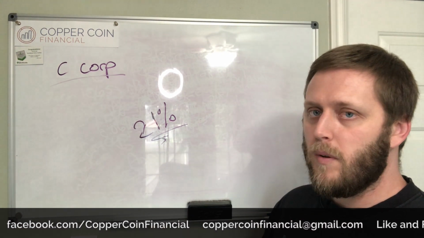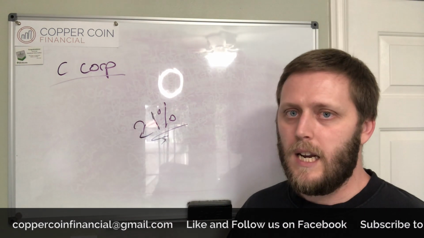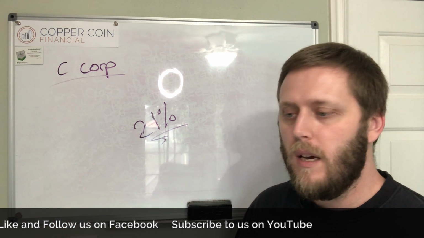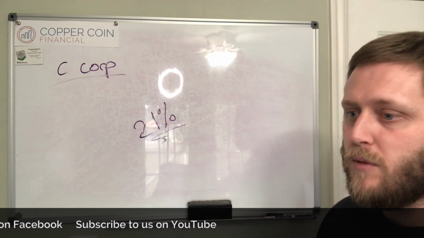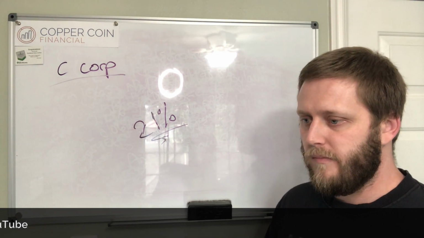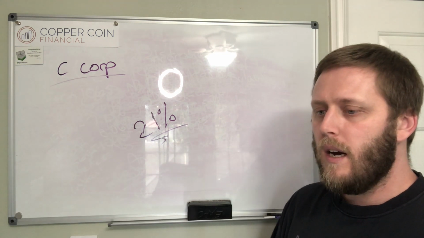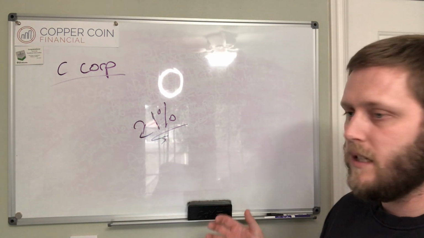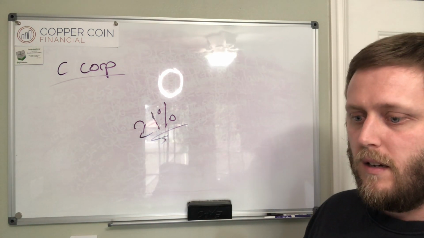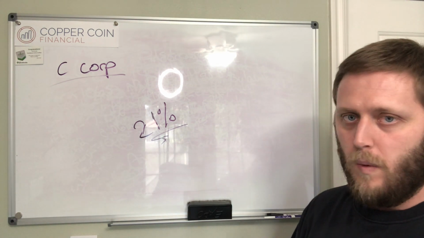Another way you can get paid from a corporation is through dividends. The C Corp itself does not get any kind of tax break for dividends, meaning that it's not an expense to the company, but it is income to the various shareholders. There are some complexities around that, so it depends on whether it's treated as capital gains or not, depending on your basis in the stock and when you got paid out.